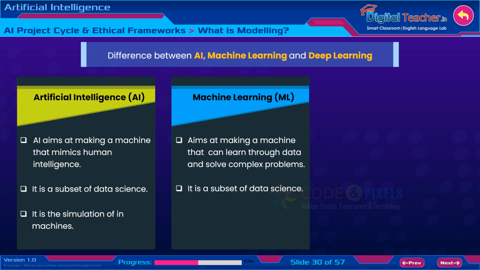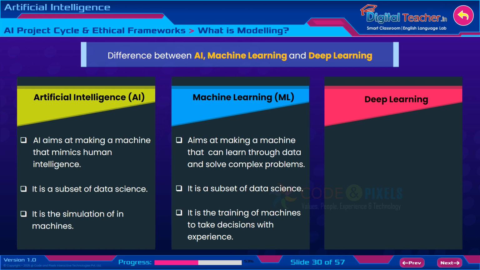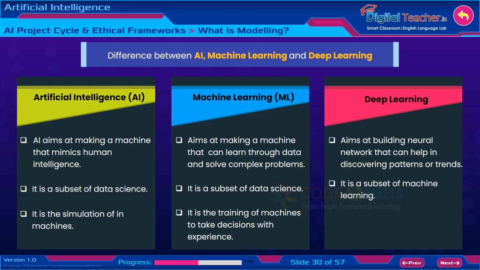It is a subset of AI. It is the training of machines to take decisions with experience. Deep learning aims at building neural networks that can help in discovering patterns or trends. It is a subset of machine learning. It is the process of using artificial neural networks for solving complex problems.